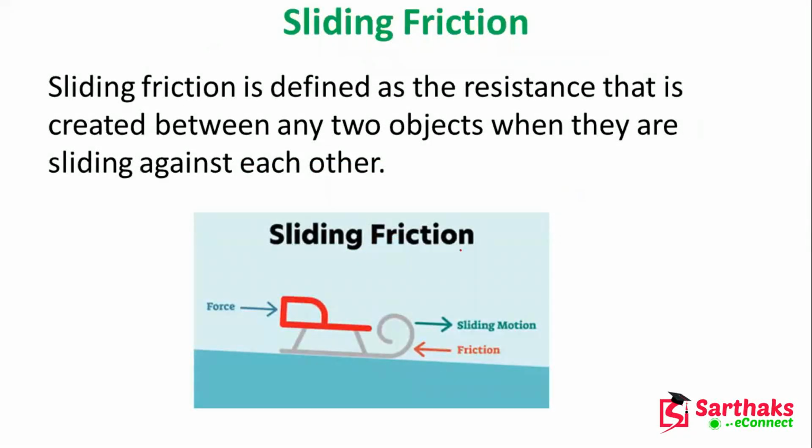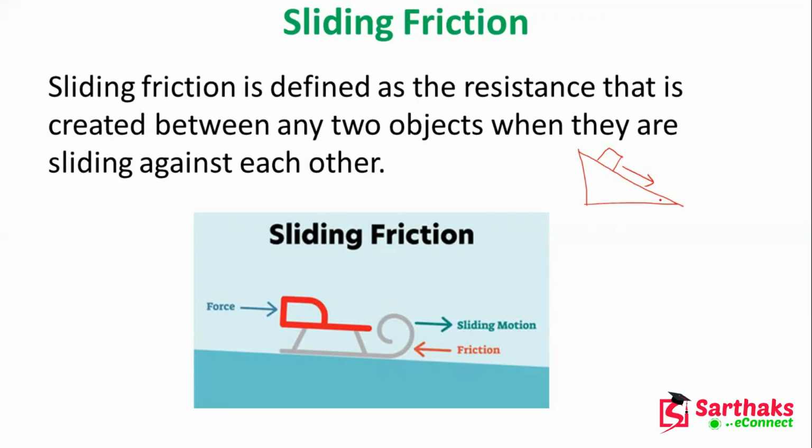Next, the sliding friction. Sometimes we slide one body or object, or when you go to a hill station and come downward, at that time also you are sliding. Or any object on an inclined plane will slide down that plane.